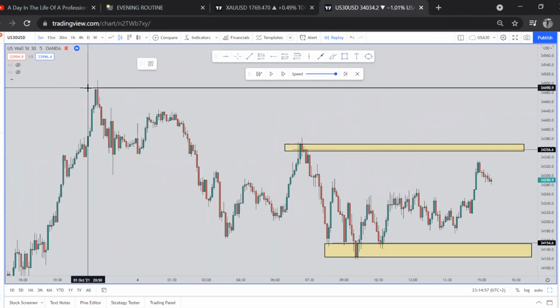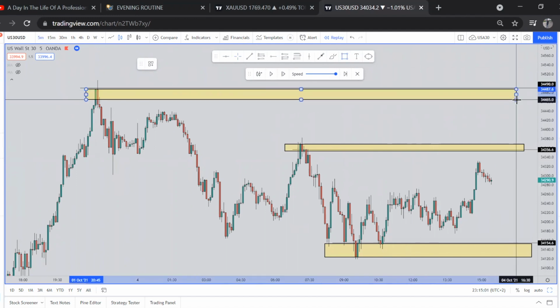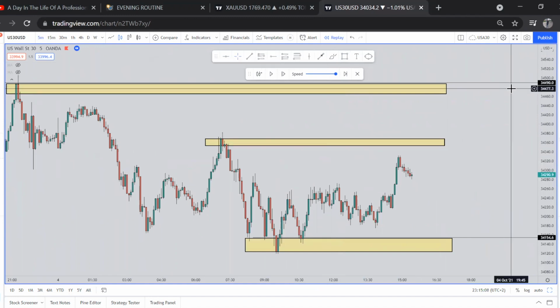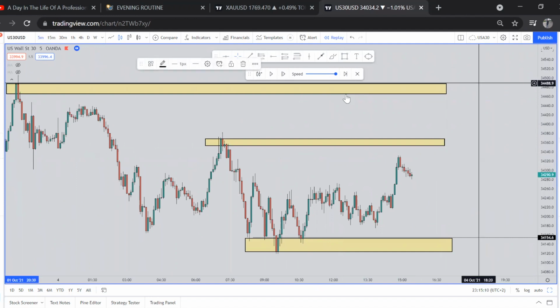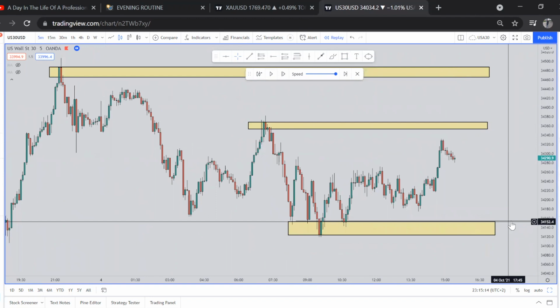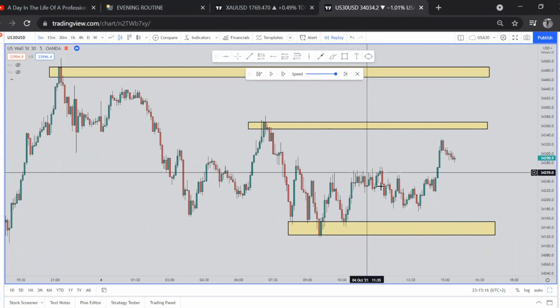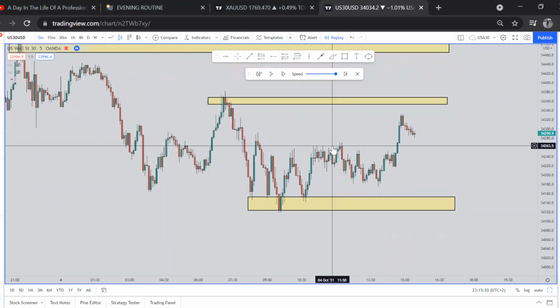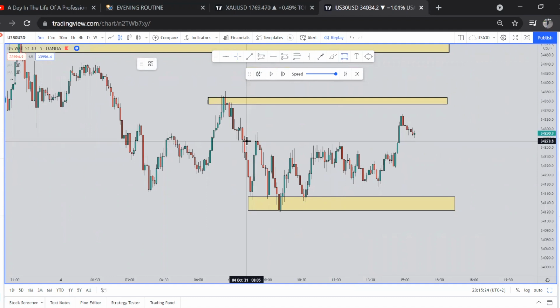What I'm basically doing, guys, is drawing my key areas where I put my lines on my 15-minute side. I just want to make sure that I draw my key areas there. So I'm just gonna remove this, and then you can see that now we have this key area here that is nicer and more visible on our 5-minute time frame.